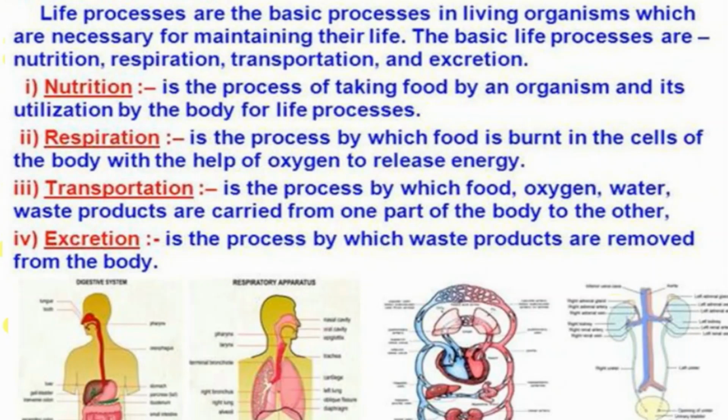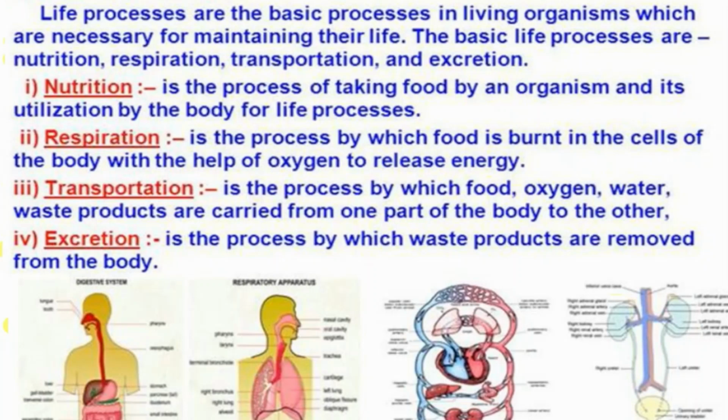Then the third point: in a multicellular body there are particular systems like the digestive system, but unicellular organisms come directly in contact with the environment, so they do not require any particular system. They directly exchange gases and other material.